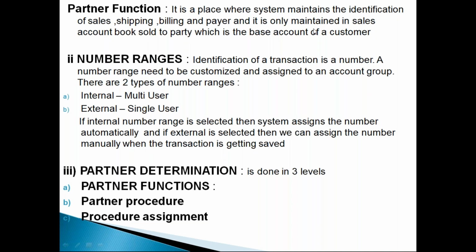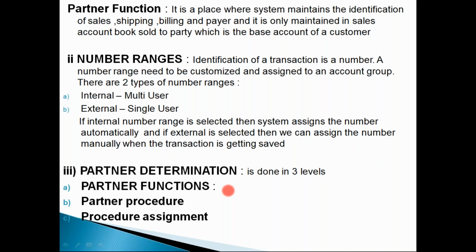Now, please understand the logical understanding of these 3 steps first. Before I explain anything about them, the first point you all need to understand is the concept of determination.